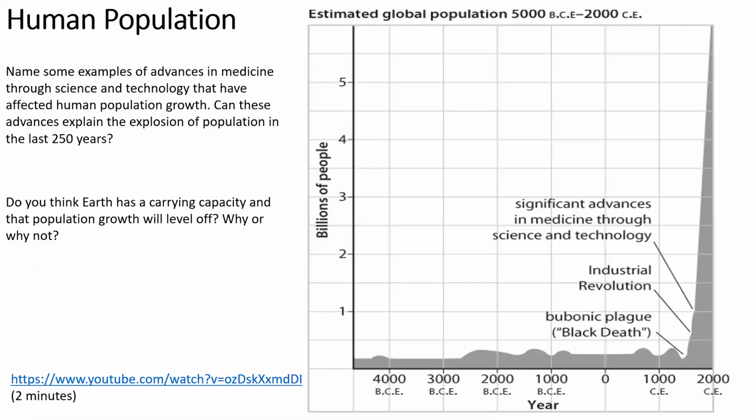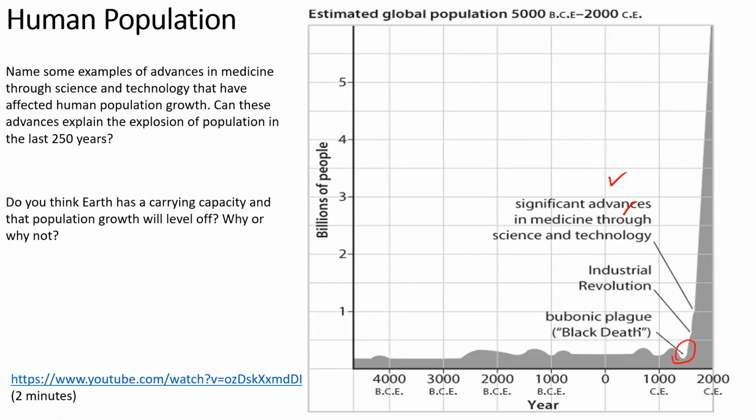Human population, as you can see here, this is an exponential growth curve, okay? And that's got to do with a number of factors, okay? Scientific advances, medicine, things where you can see the Black Death hit us right there.